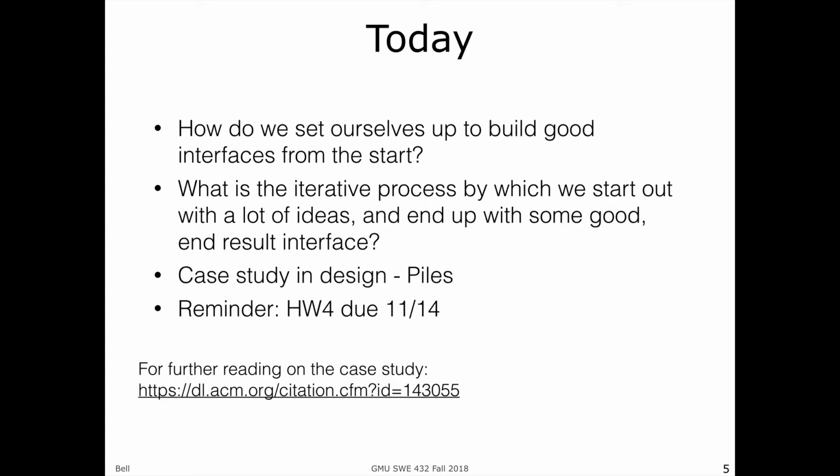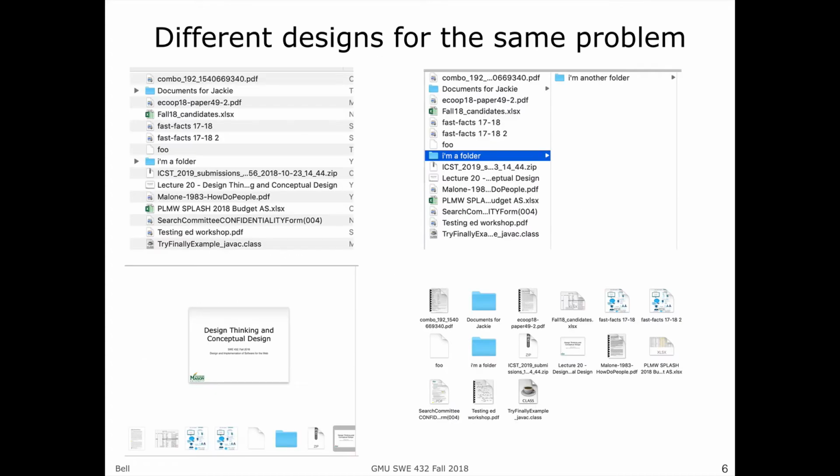So to get started thinking about what I mean by these kinds of design concepts, let's look at 4 completely different designs that solve the same problem, which is going to be looking at files on my computer. So I'm showing here 4 different screenshots showing the same folder on my Mac.